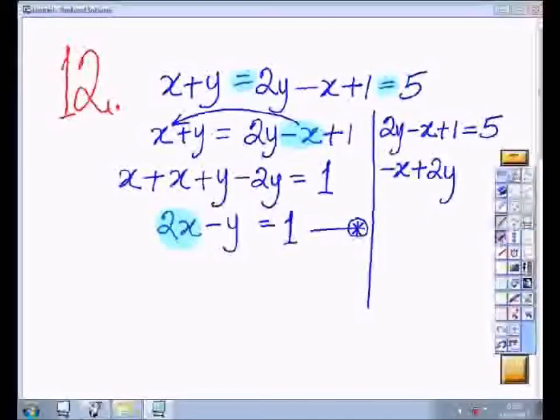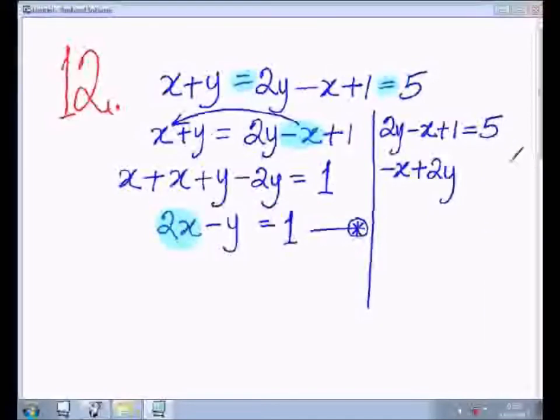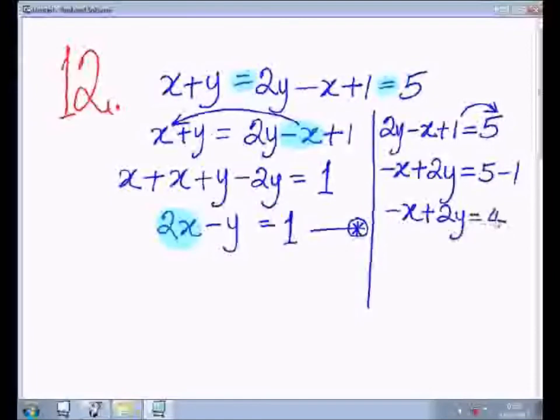So we are doing a similar thing on the right hand side, and of course we take the constant term to the right hand side, so that we have 5, the 1 is changing to minus 1. So here we have minus x plus 2y is equal to 4. So we may call this our equation star star, just for identity purpose.